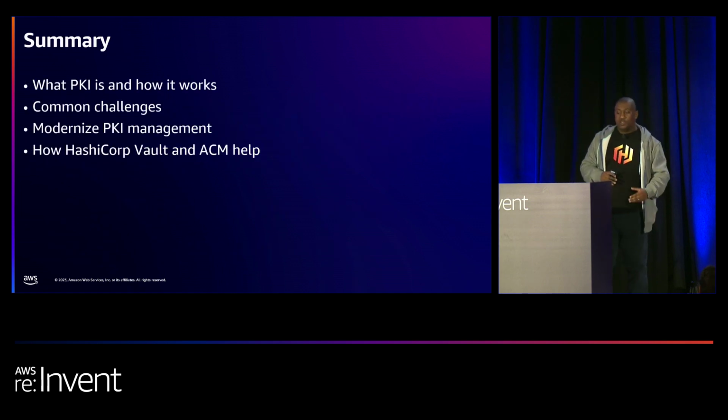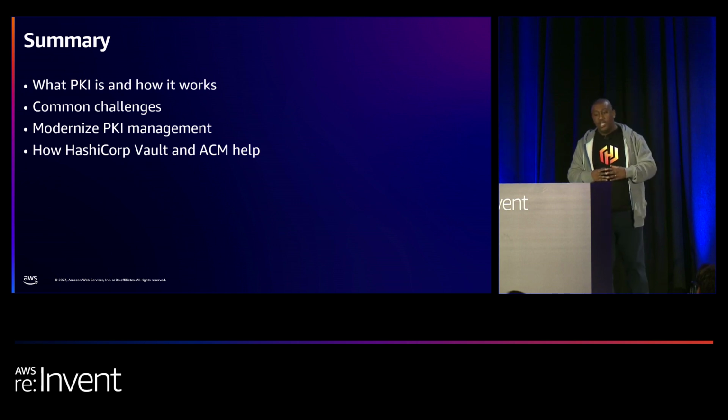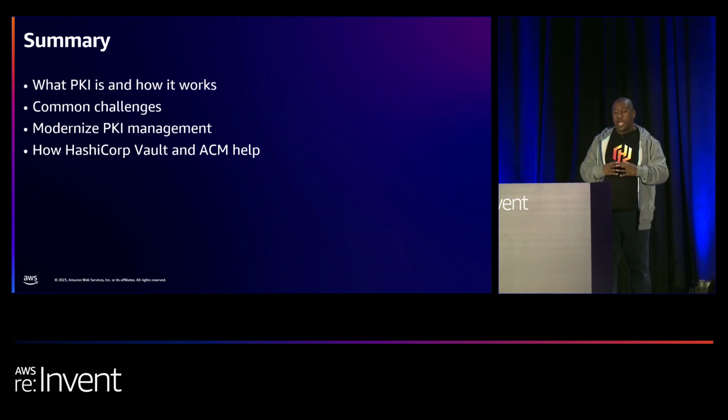So I'm just going to summarize everything David and I have spoken about today. I know it's been a long presentation, so I want to keep it front and center of your minds. David elegantly expressed to us what PKI is and how it works, went through some use cases, even brought in some customer examples of how people are doing PKI.